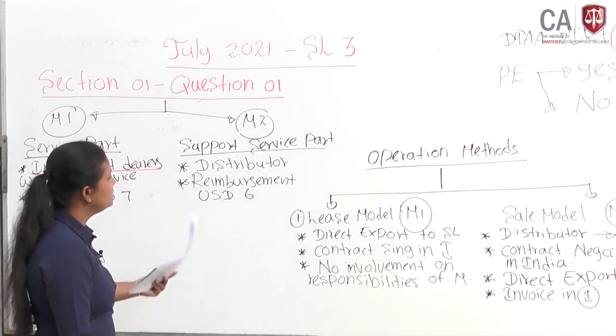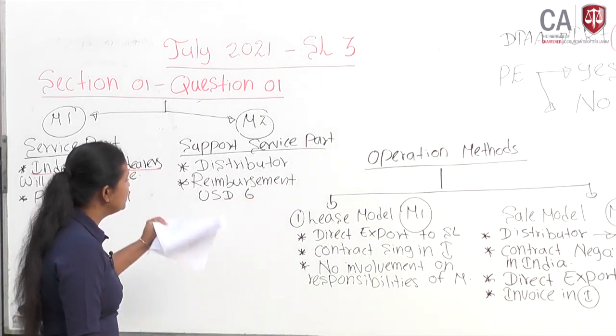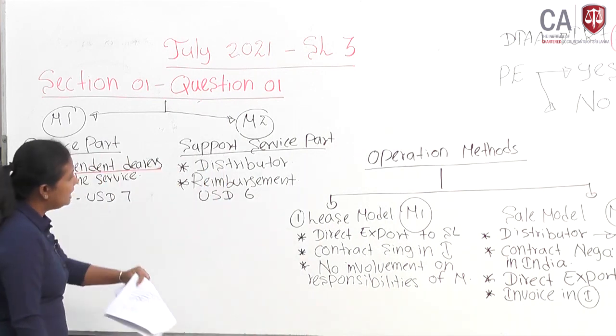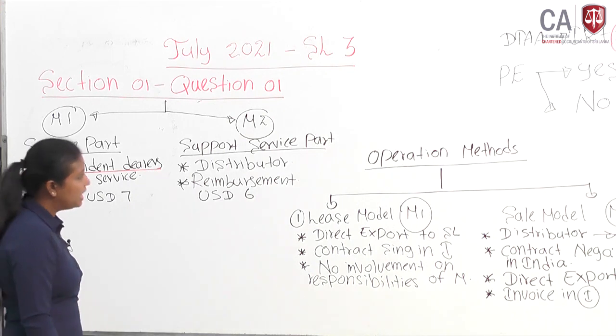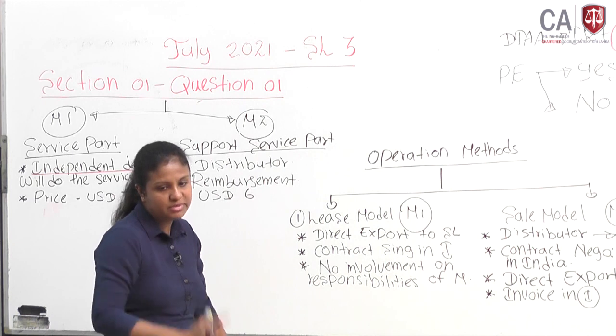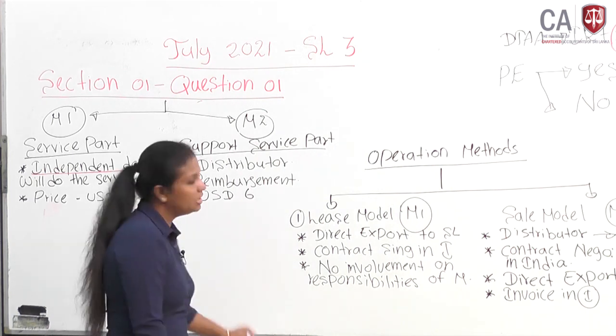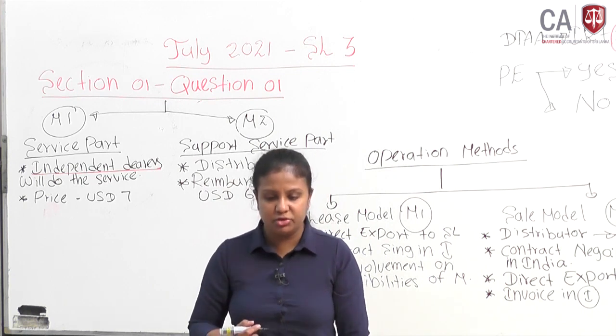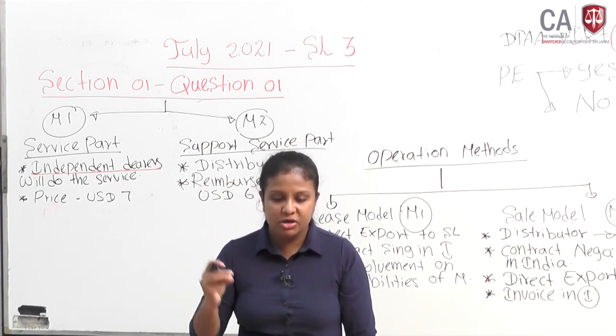Any support service cost incurred by the distributor is reimbursed by Seiki India at cost plus 5% markup. The fee charged from the customer for the same will be $7.